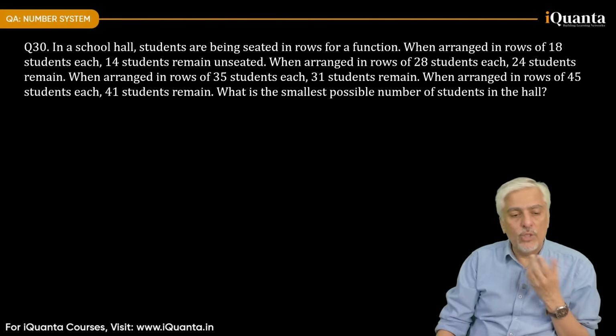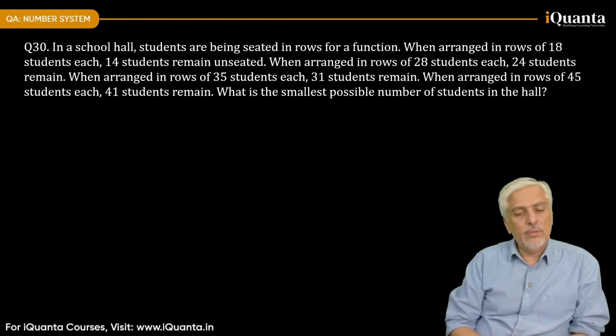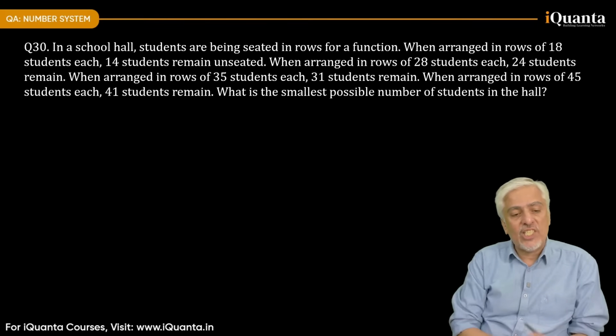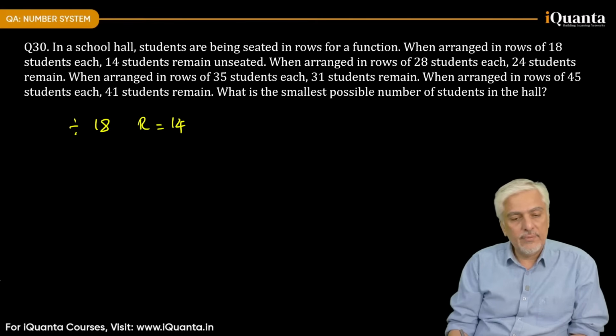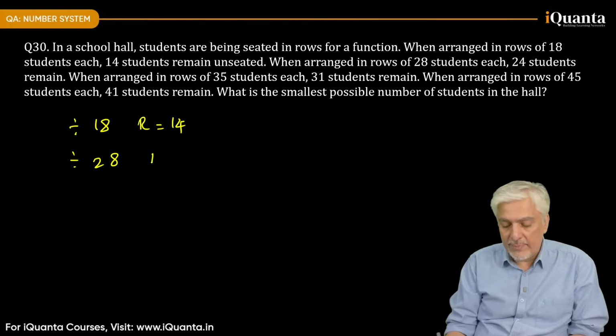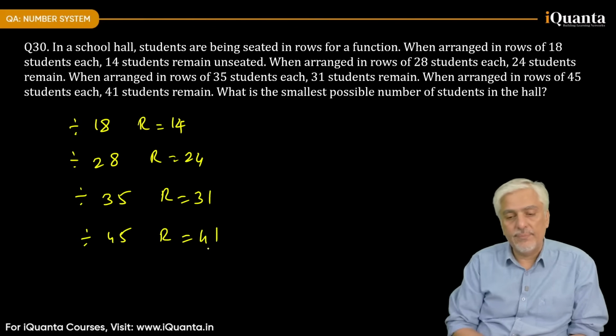ओ सॉरी, आई डोंट नो व्हेदर रिपीट है, मैंने ध्यान नहीं दिया है। सो 18 ईच का रो है, दैट मींस डिवाइड बाय 18, remainder is 14, divide by 28, remainder is 24, divide by 35, remainder is 31, and divide by 45, remainder is 41.